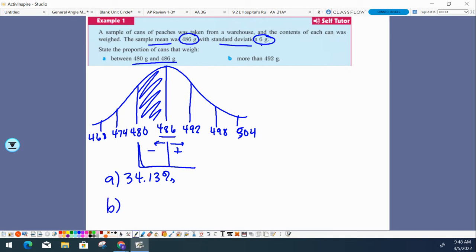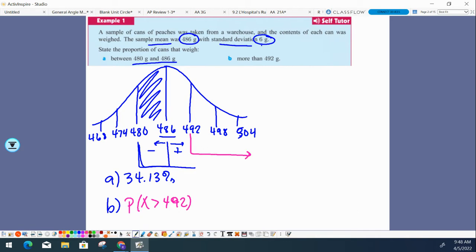All right, so for letter B, let me change my color. More than, you want to know the probability where the value is more than 492. So we just go from 492 this way.